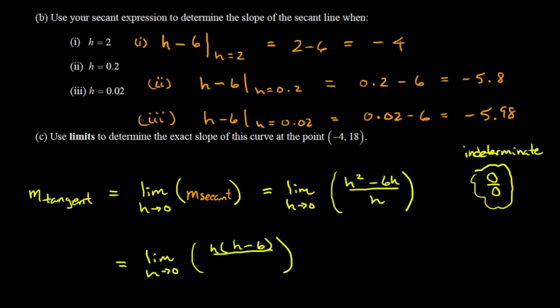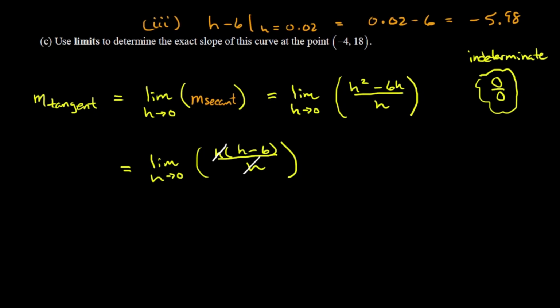And then I can divide by an h on the bottom. That can go directly into that h on the top. And here we have our limit, which remember, of course, is going to be our tangent slope. So the limit as h goes to 0 of the expression h minus 6.